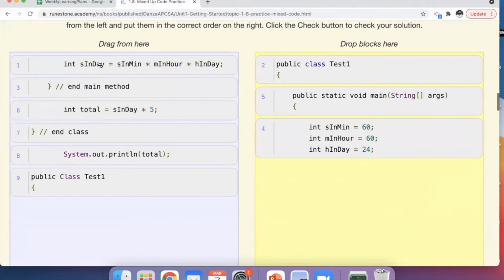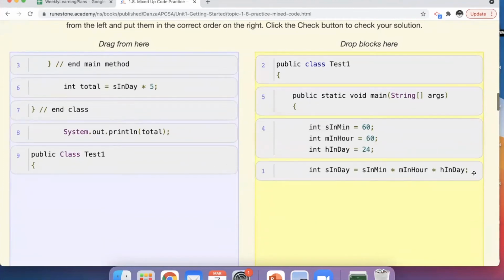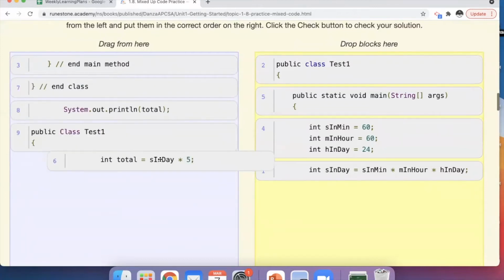Okay, and then it looks like this one is using the minutes, the hours, and the day, right? And then being able to take that total, creating an integer called total and multiplying however many seconds are in a day. So seconds in minute is 60 seconds in a minute.